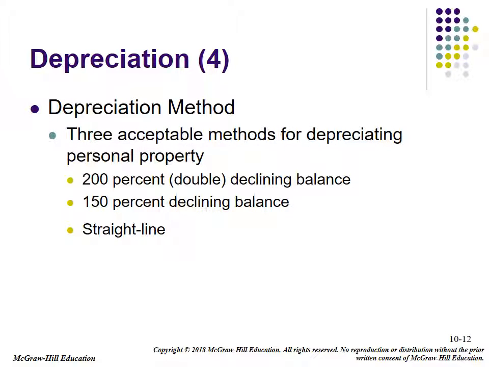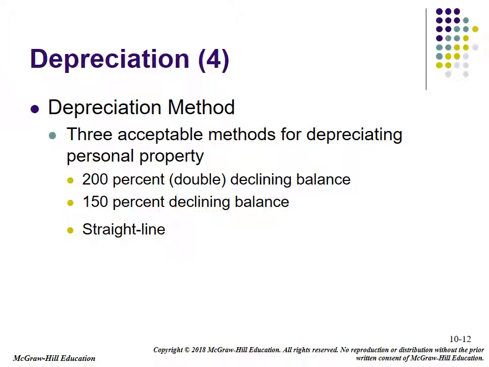Under MACRS, you actually have a choice of three acceptable methods for depreciating these types of assets: 200% double declining balance, 150% declining balance, and I could tell you, based on the life and type of asset, it will be either of those two. The other method is straight line.